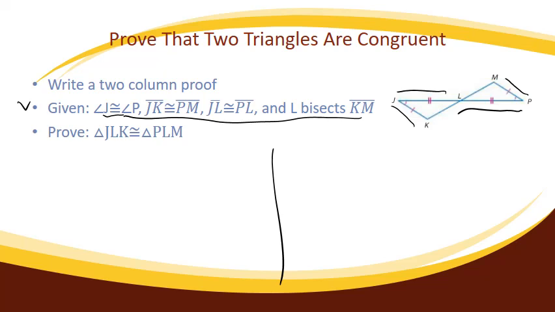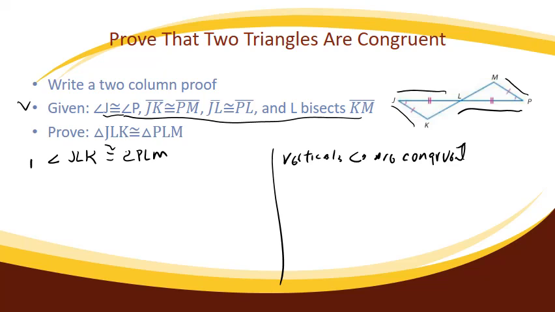Well, we can say that angle JLK is congruent to angle PLM because those are vertical angles. Let's see, vertical angles are congruent. I might should have just used the symbol. I think I will next time.